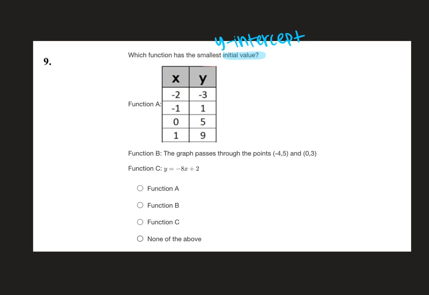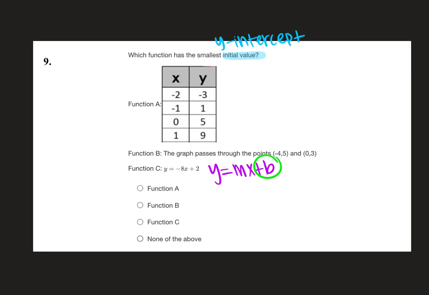Your y-intercept is wherever x is 0. Function C, I know that the standard form is y equals mx plus b, b is the y-intercept, so whichever number is in the place of b on function C would be your y-intercept. After you've circled all of your y-intercepts, you need to decide which one has the smallest value, which one is the smallest number.